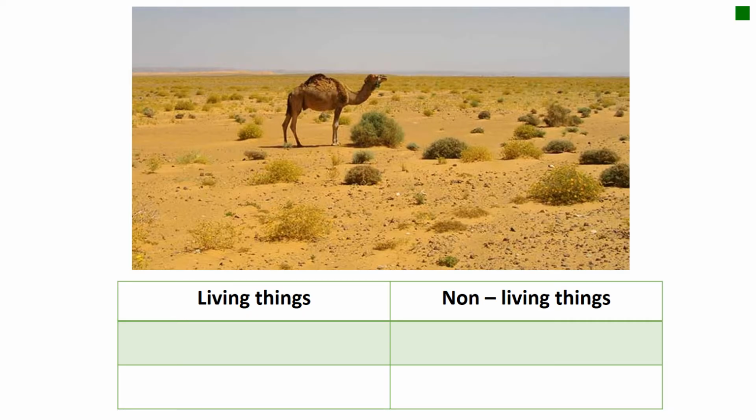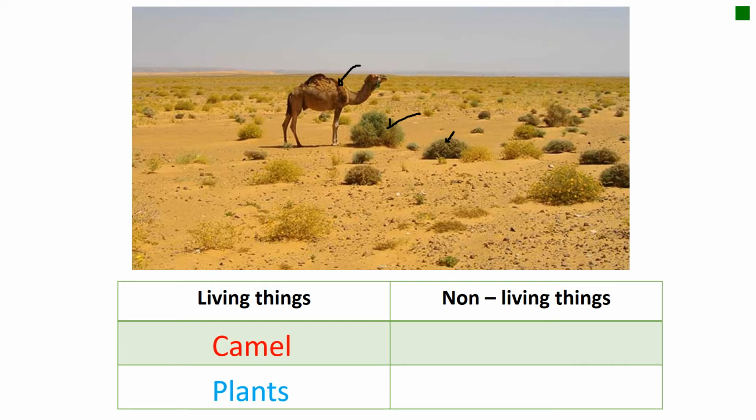Now, let us look at this picture. This is called an ecosystem because, as we see, there are living and non-living things. Can you name living things from this picture? I see a camel. So camel is a living thing. And I see also plants. These plants are also living things.